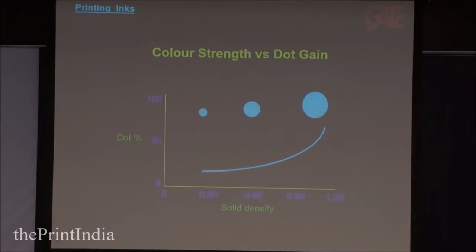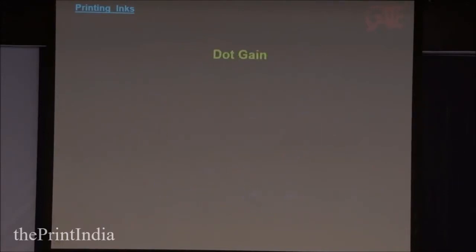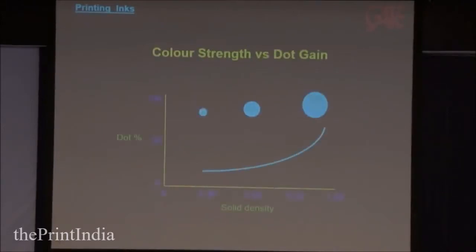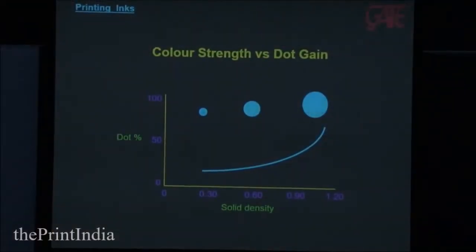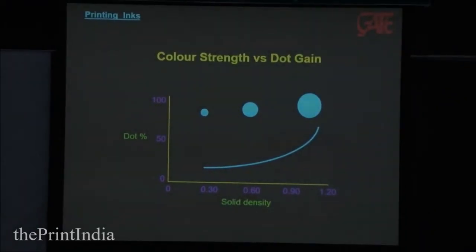As the ink strength goes down, you deposit more ink to get the same density. When you deposit more ink to get the same density, your dot gain increases, and in some cases you may lose the shadow detail.